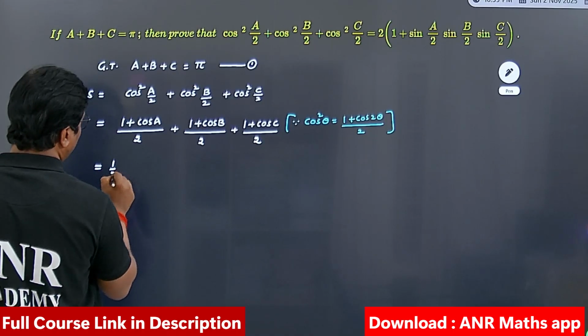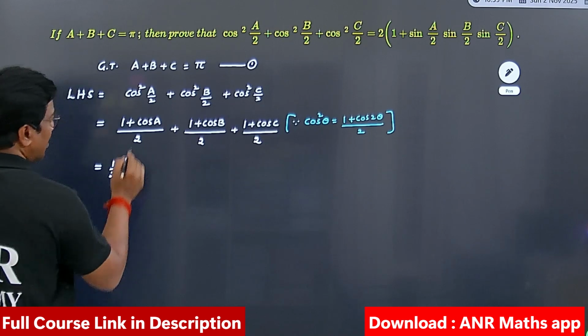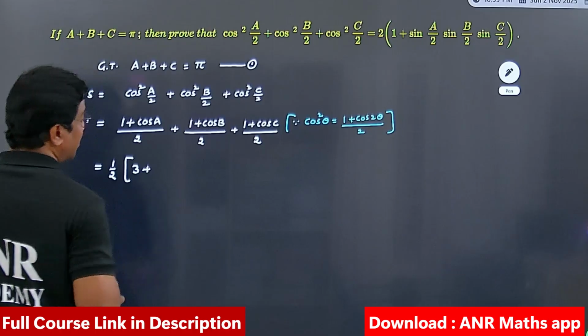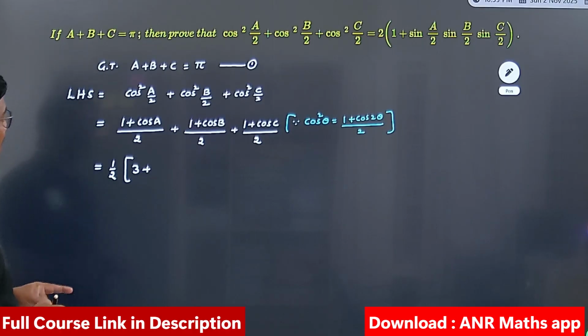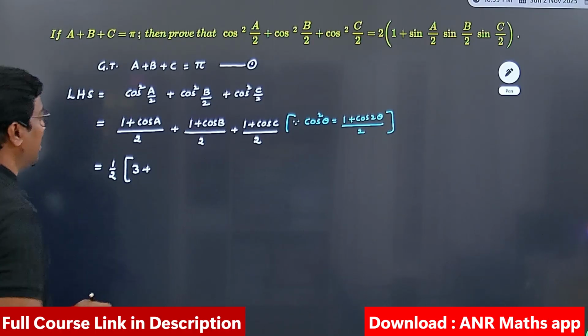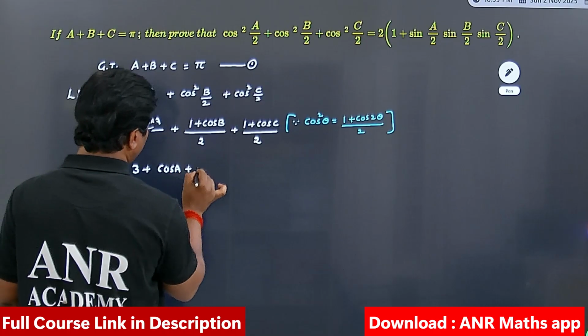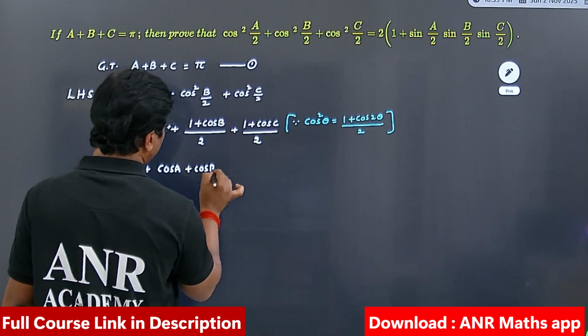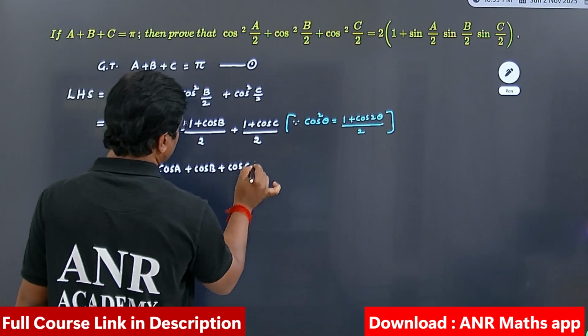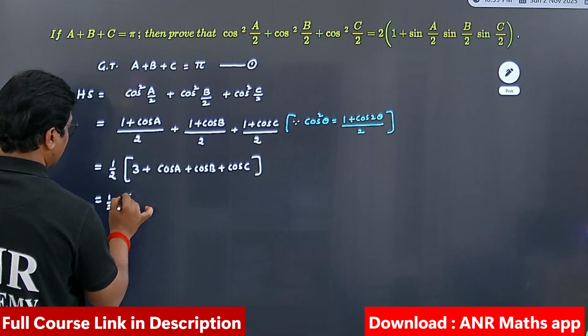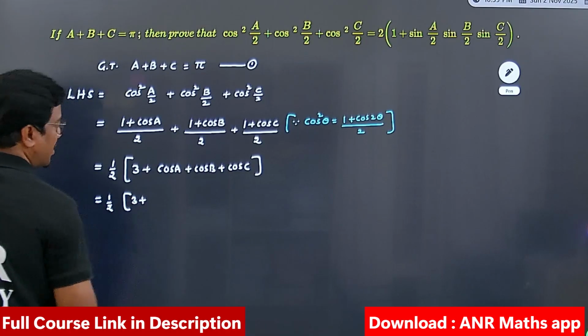If you take 1 by 2 common, then observe, 1 plus 1 plus 1 becomes 3. Next plus, you have cos A plus cos B plus cos C inside. Yes, now 1 by 2 outside as it is, and 3 plus.